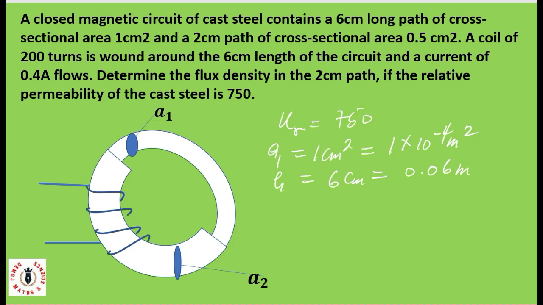It has a second part, A2, which has 0.5 centimeter squared, which is equal to 0.5 times 10 raised to power minus 4 meters squared.